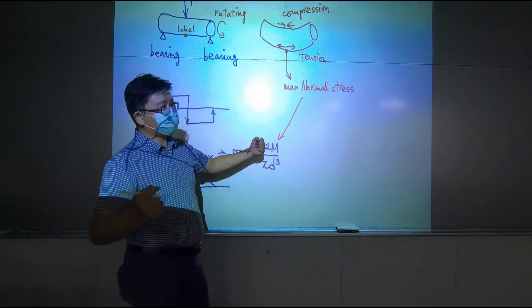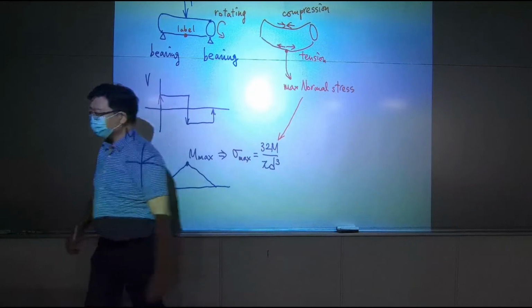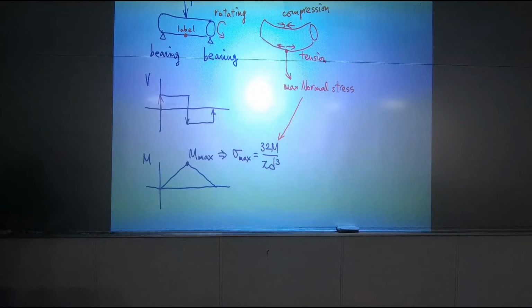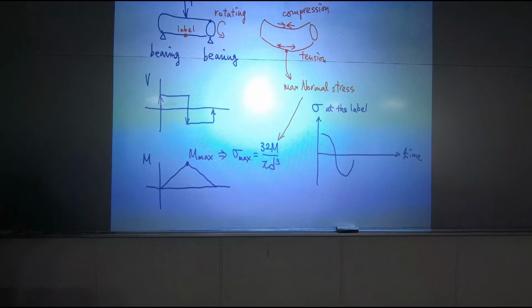Sometimes tension, sometimes compression. So if you draw a plot, and if this is time, and if this is, let's just say, stress at the label, what happens is sometimes it's positive, sometimes it's negative. It's going to be like this.